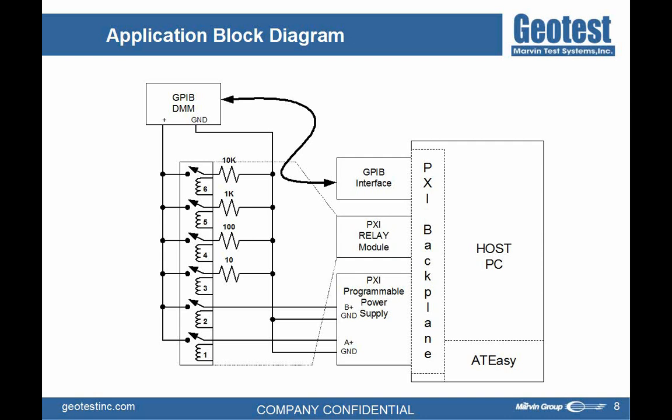Now, connected to the relays on the relay module, I have some resistors as well as the output of our programmable power supply. So our test process, again, is fairly simple. We're going to first test all of the resistors to make certain that they're installed and that they're within a defined tolerance. We're going to take a measurement on those resistors using the DMM.